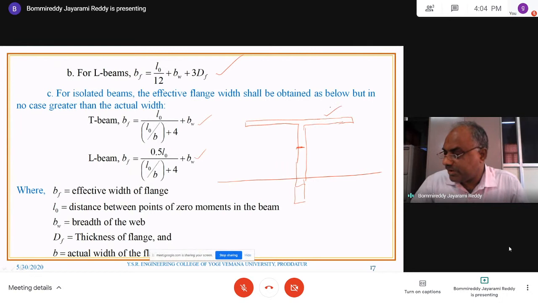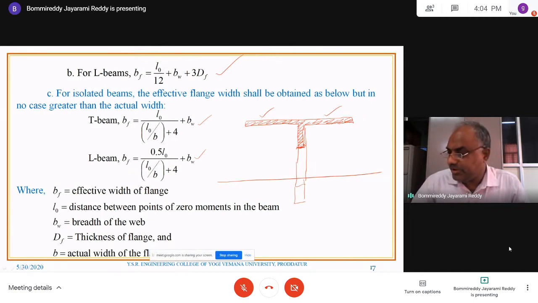This is the flange on one side, this is the flange on the other side, and this is the web section, and of course below it a column. So this is called an isolated T-beam. Isolated means an independent T-beam.